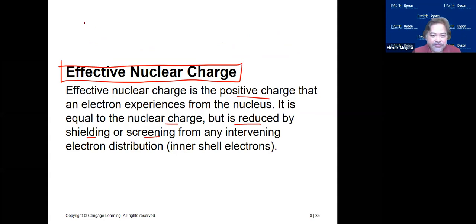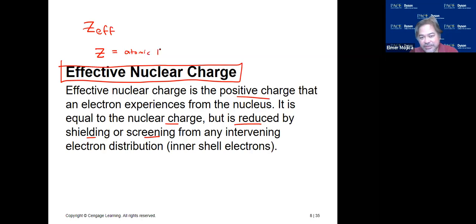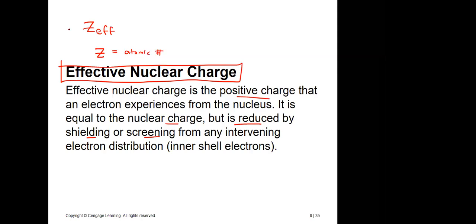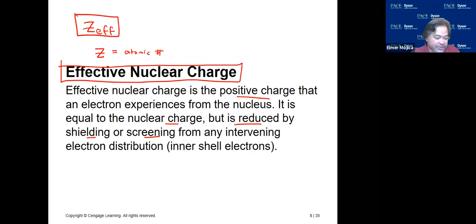So usually we symbolize it like this. What is Z equal to, if you remember? Z is what? Anyone? Z is equal to the atomic number, if you remember, right? So if you have Zeff here, that is your effective nuclear charge.